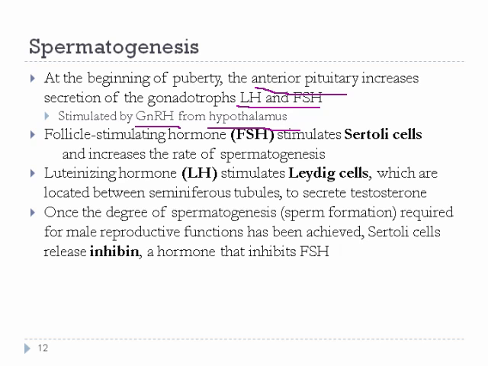In the testes, FSH stimulates Sertoli cells to help with that spermatogenesis process. LH stimulates Leydig cells to secrete testosterone. And then once we have a whole lot of sperm, the hormone inhibin can be released that inhibits FSH. So it kind of creates a bit of a negative feedback process.